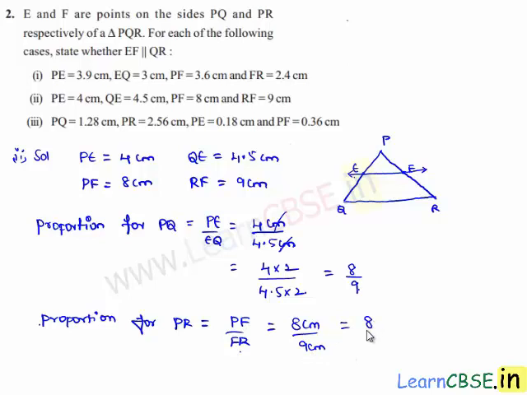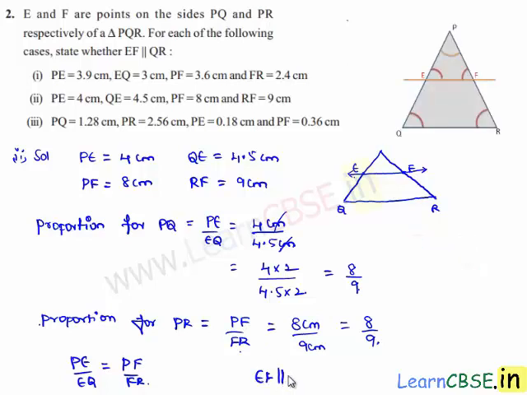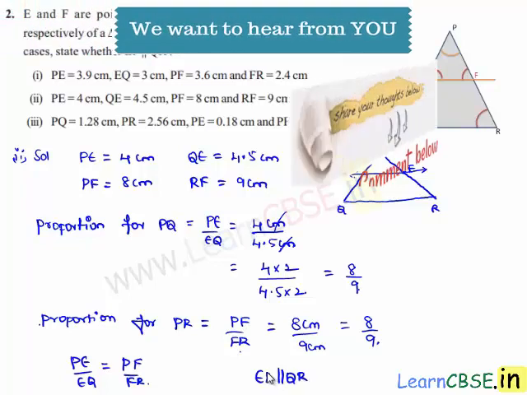So finally we get the proportion of PR is equal to 8 by 9. Here PE by EQ is equal to PF by FR. So from converse of basic proportionality theorem, we can say that EF is parallel to QR.